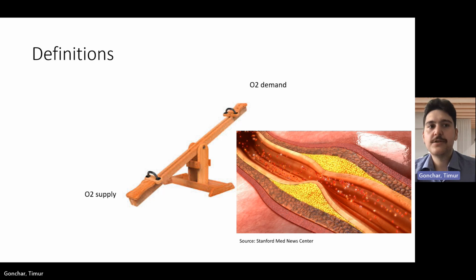At this point, I would like you to think about similar clinical presentations. Those are vascular claudication: you've got some vessel narrowing in your legs, a patient walks a couple of blocks or a couple of minutes, and then they experience leg pain because there is higher oxygen demand.